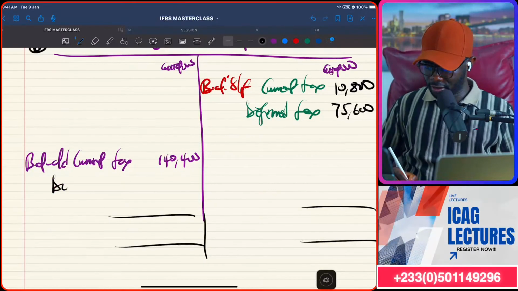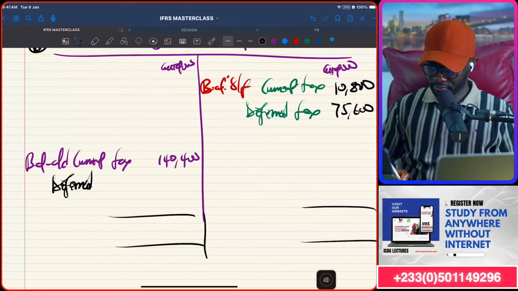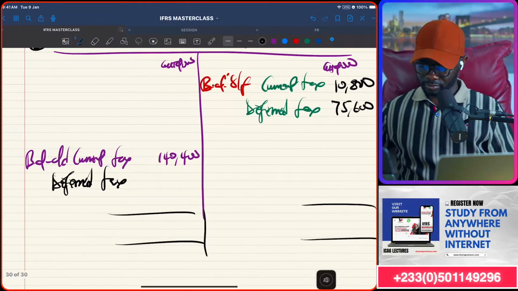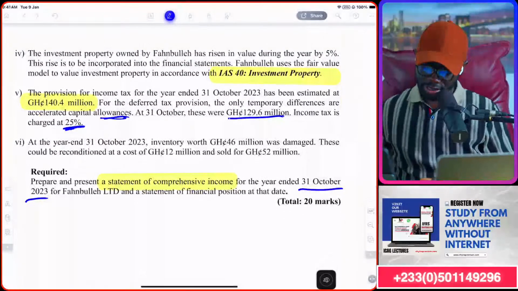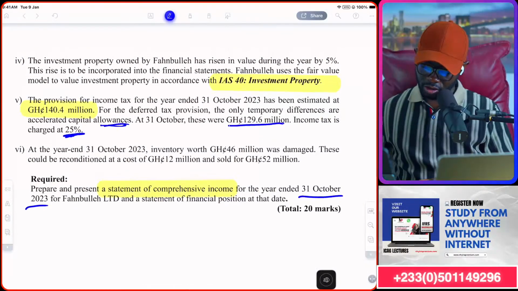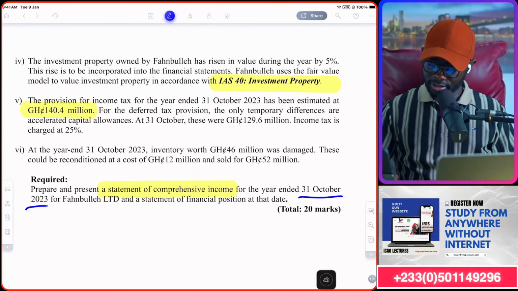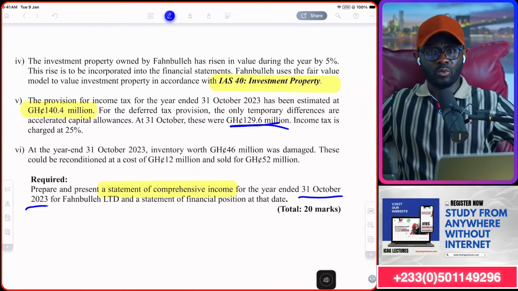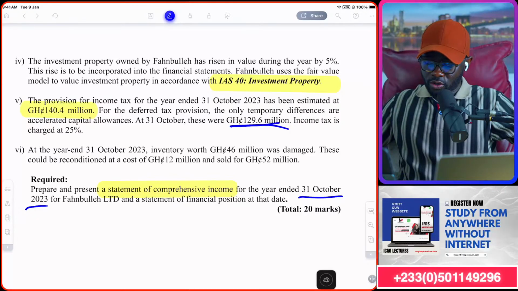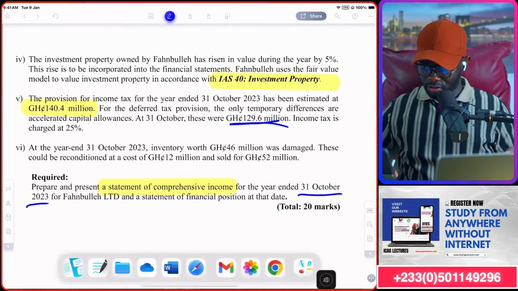Then we'll have the deferred tax, which we are told is because of the accelerated capital allowance, which is 129.6 million. Tax rate is 25%.